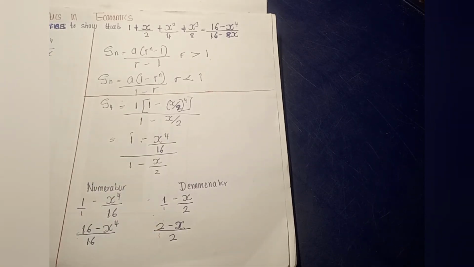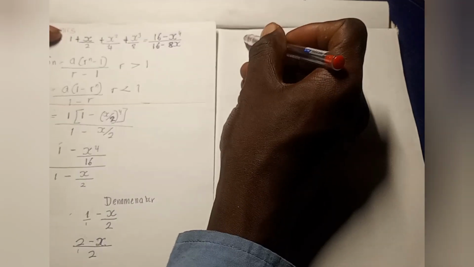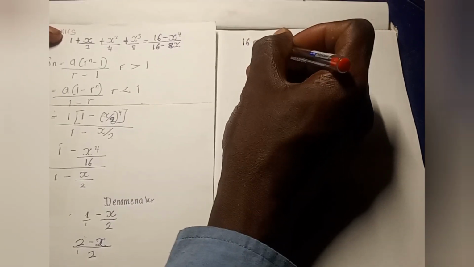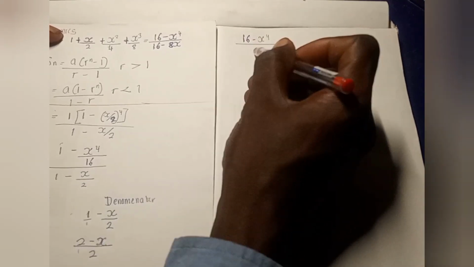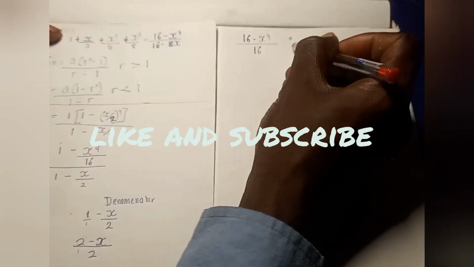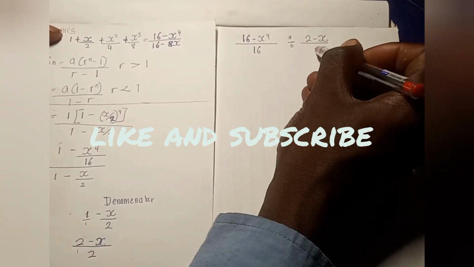So I'm going to be putting it in order now. The numerator is 16 minus x raised to power 4. Let me write it here. 16 minus x raised to power 4 over 16, divided by 2 minus x over 2.